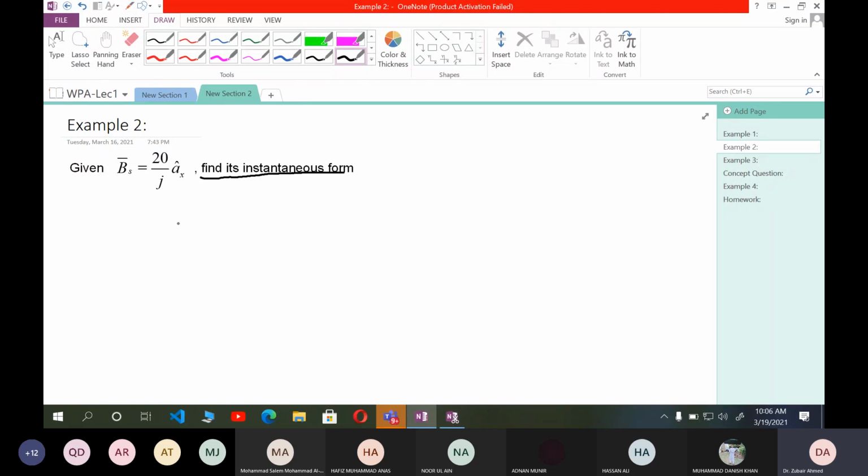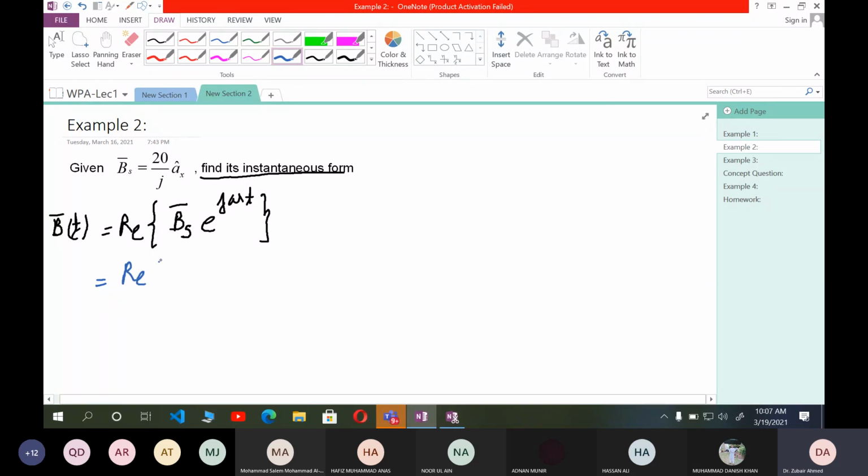What we can do is take this phasor vector Bs and multiply it with exponential of j omega t and take the real part. Basically, we are using the fundamental definition of the phasor. Then we can get the time domain signal back. So I am using this alternate notation now. Okay, so let's put the value of Bs in this expression.